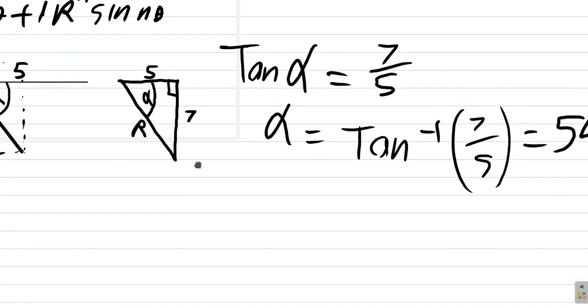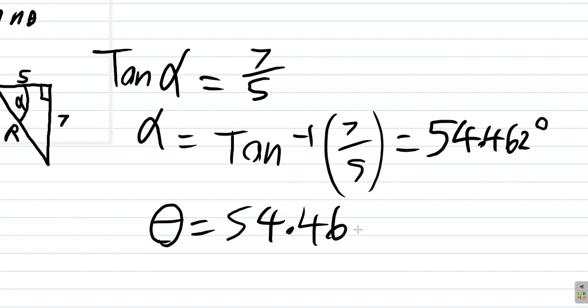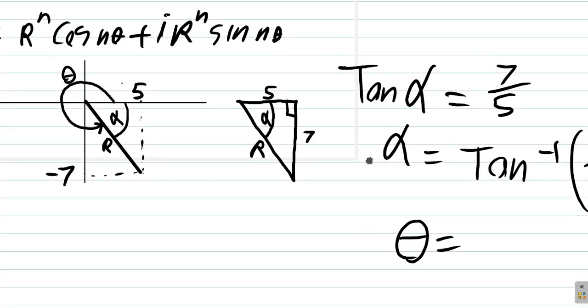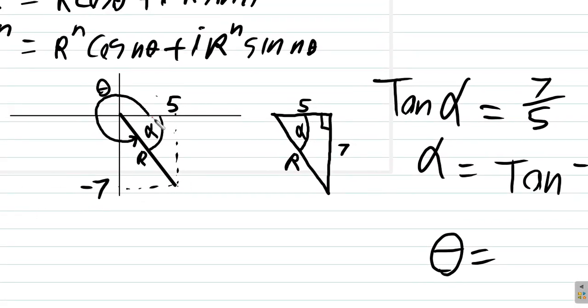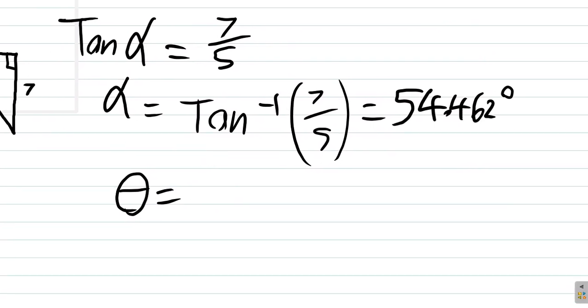But we want theta. So the angle theta is going to be 360 degrees minus 54.462, because we go 360 degrees and then take the 54 point odd off the 360.